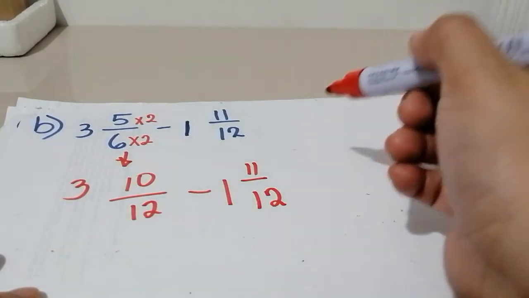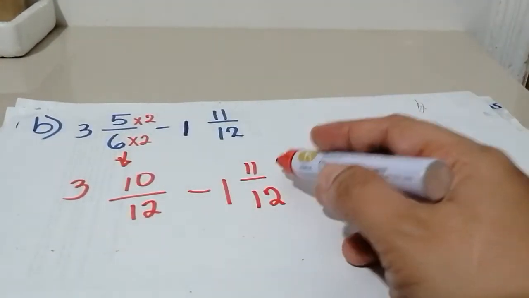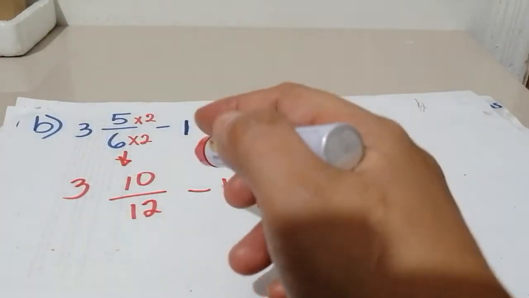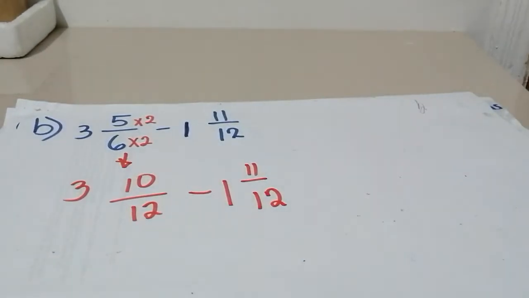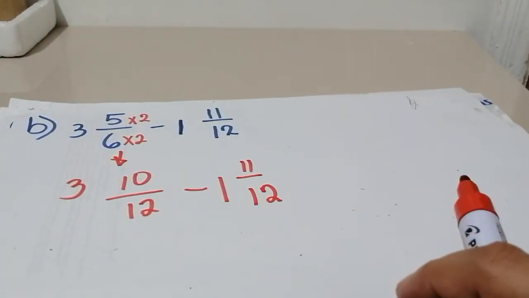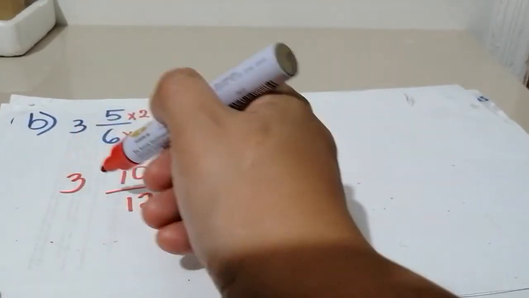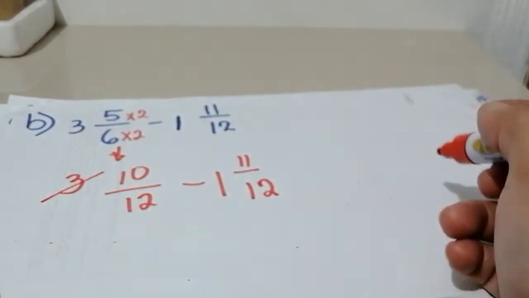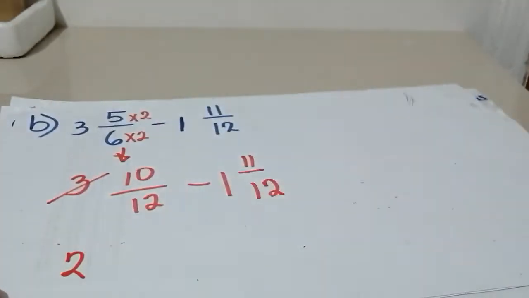Ngayon, dito, 10 and 11. Hindi natin pwedeng isubtract ang 11 from 10. At dahil doon, ang kailangan natin gawin, we need to borrow. Kailangan natin mag-borrow ng 1 sa 3, I'm sorry. So, yung 3 dito, magiging 2. Okay?